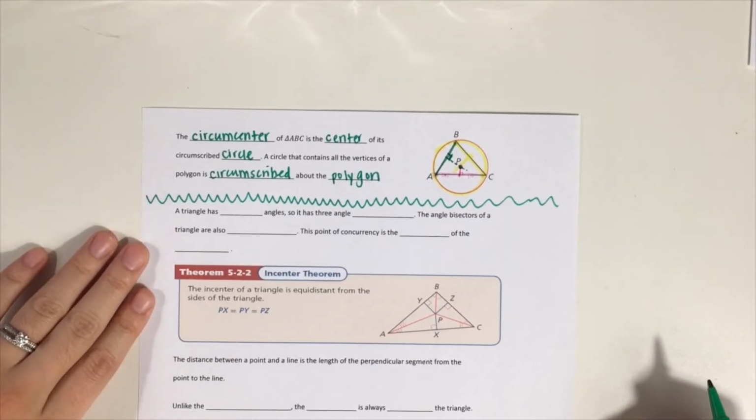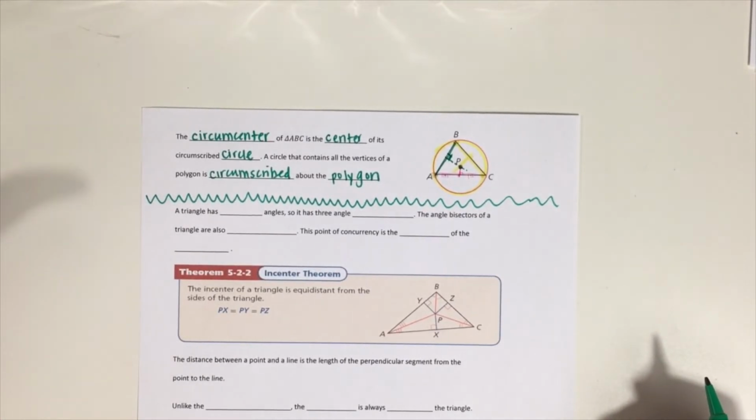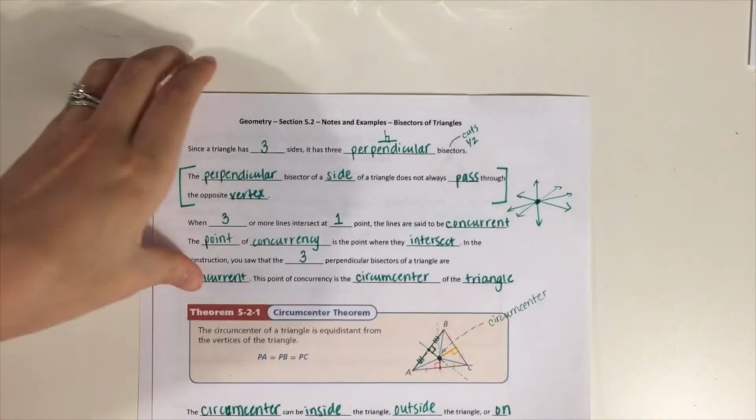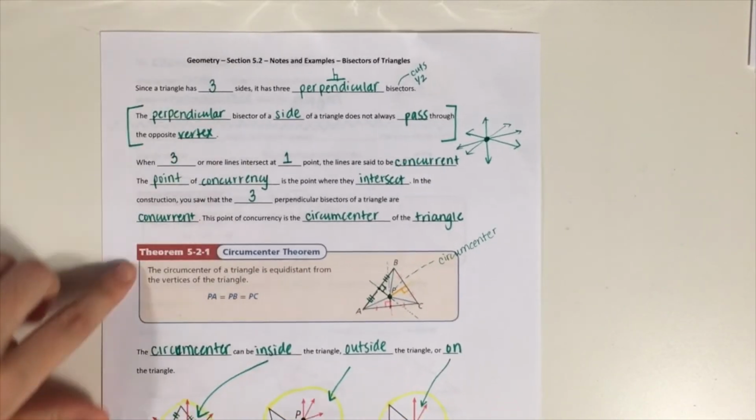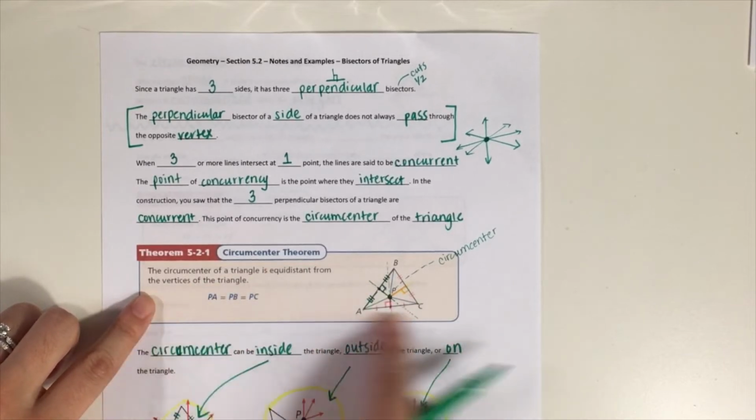Okay, so now that we've gone through all the definitions, I want you to flip back to the first page of notes and let's actually talk about what this theorem is saying.